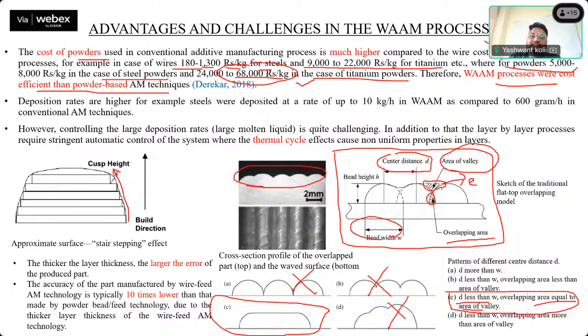If it is equal, then the perfect overlapping can be done. So we have to optimize the weld bead, check how much distance we have to overlap, and that area should be almost the same. Then this profile can be achieved, and the perfect multi-wall, multi-track can be formed.